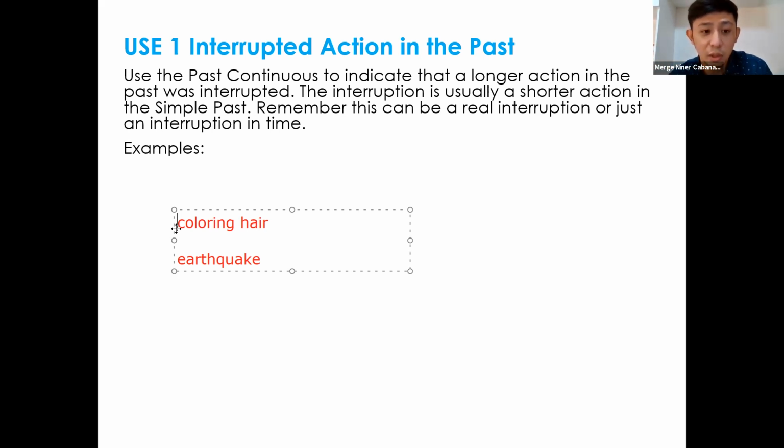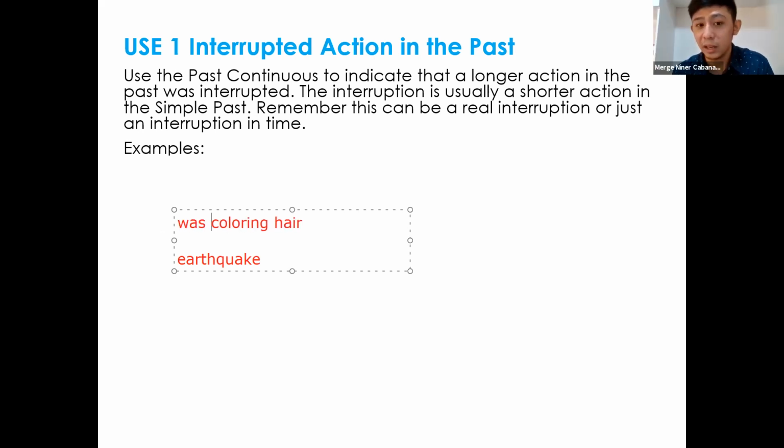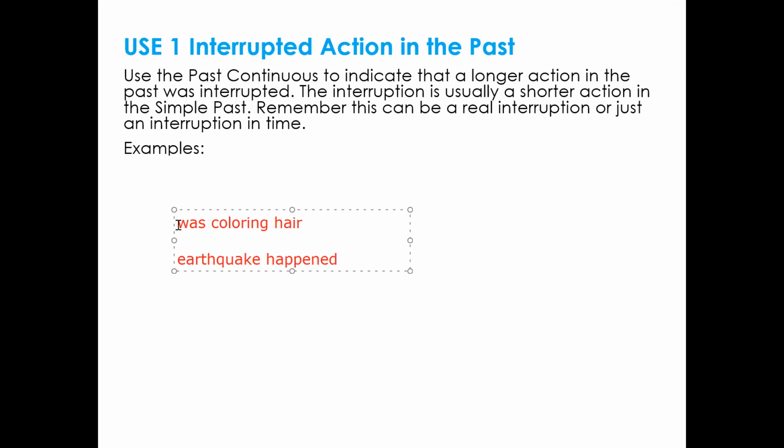Okay. So where is the past continuous? Where is the past simple? Sir, the past continuous is the coloring here. Was coloring my hair, and then an earthquake happened. Or it could be like this.